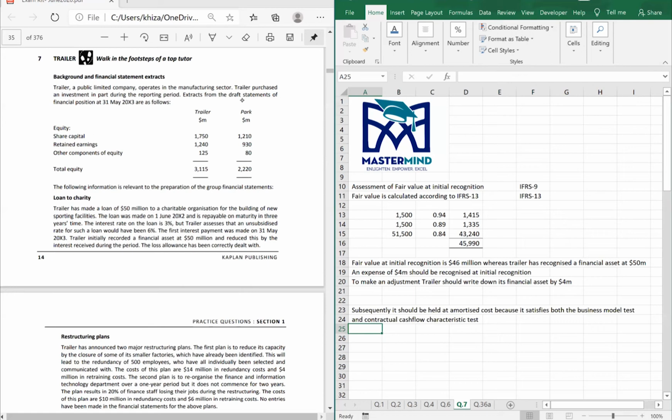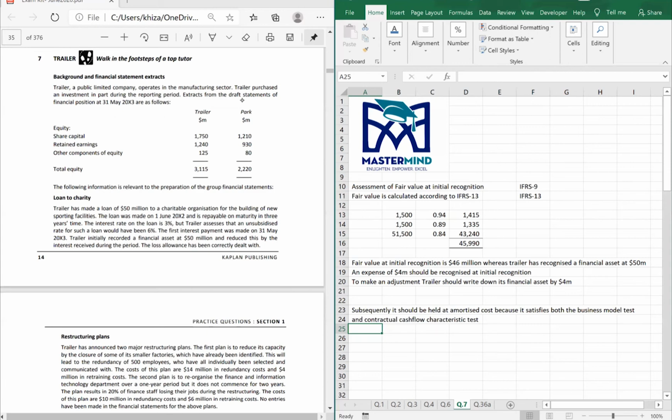Both approaches are correct. What I believe is that you don't need to explain the tests, because once you've stated this is the reason why we're holding the loan at amortized cost, it is sufficient to tell the examiner that you know your stuff, and why the trader will hold this at amortized cost. So subsequently it should be held at amortized cost because it satisfies both the business model test and contractual cash flow characteristics test.